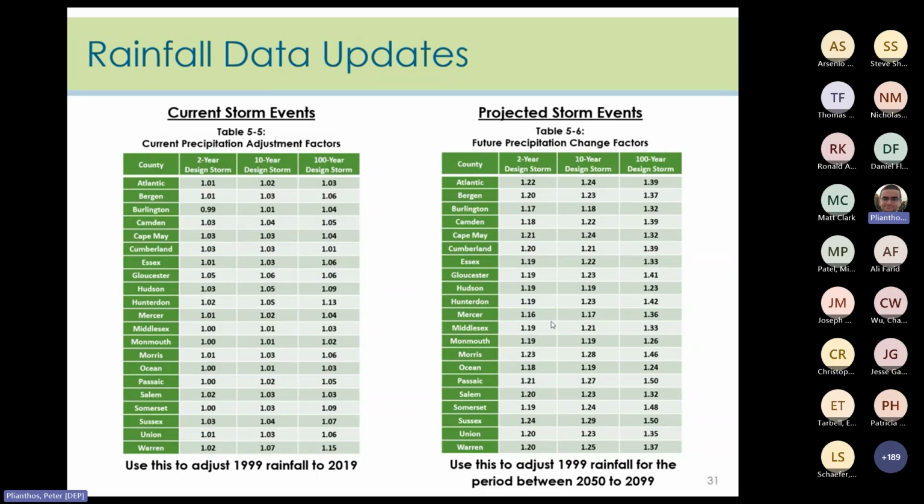For example, the precipitation depth for the 100-year design storm for Burlington County, retrieved from the NOAA NWS website, should be multiplied by 1.32 to get the projected 100-year design storm precipitation depth. The rainfall data applied with the future precipitation change factors will be the projected storm events in the rules regarding stormwater runoff calculations.